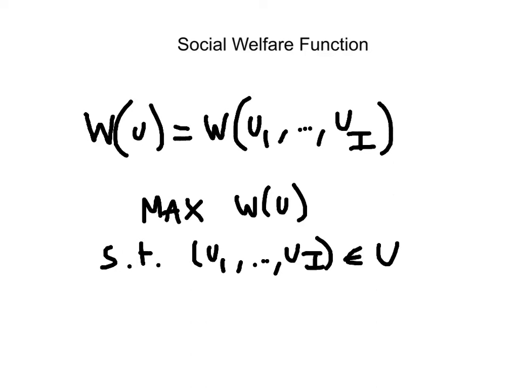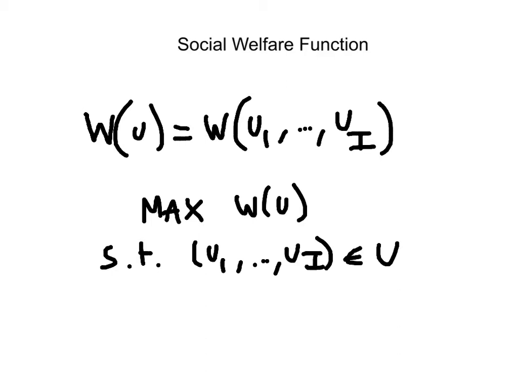So the social welfare function will reflect the distributional value judgments made by a policy planner or a social policymaker or social planner regarding the optimal trade-offs that are made between the utility levels experienced by individual members of society.